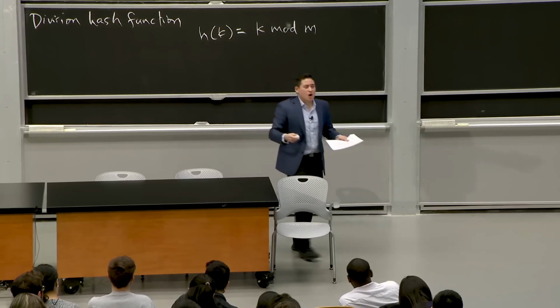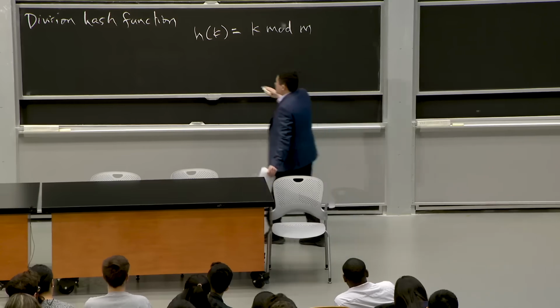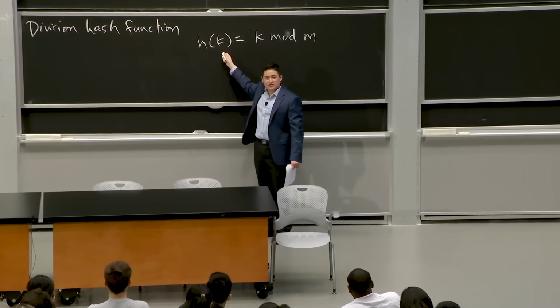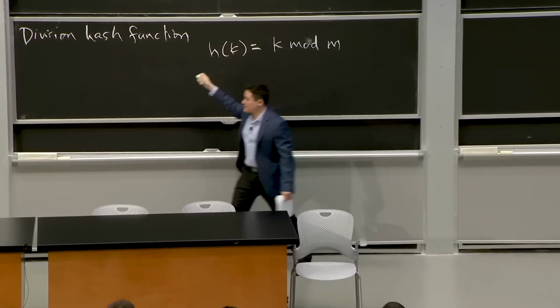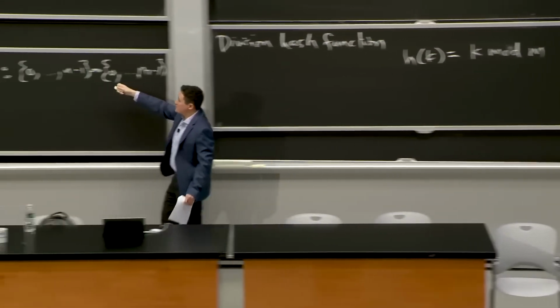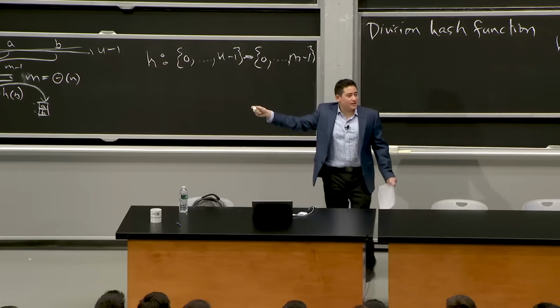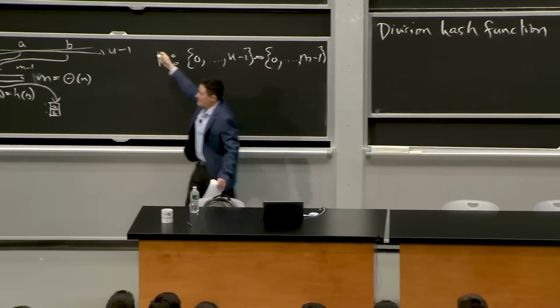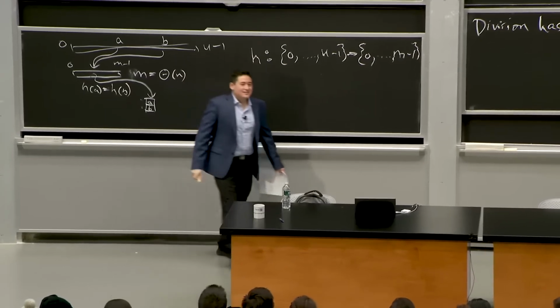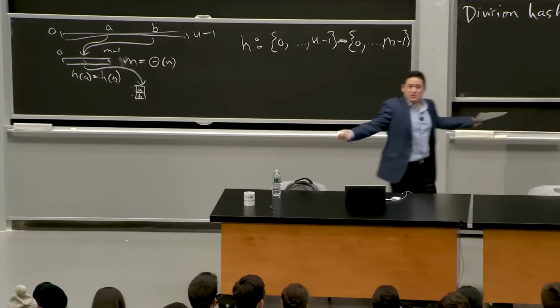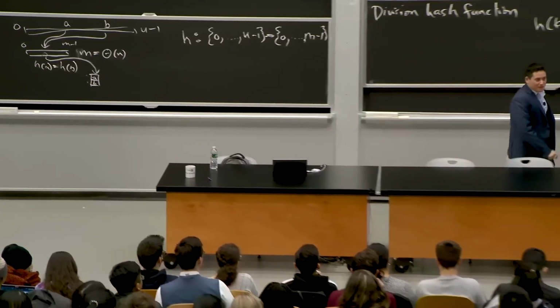But it's impossible for me to pick a fixed hash function that will achieve this, because I just told you that if U is large, then there exist inputs that map everything to one place. So I feel like I'm screwed. There's no way to solve this problem.